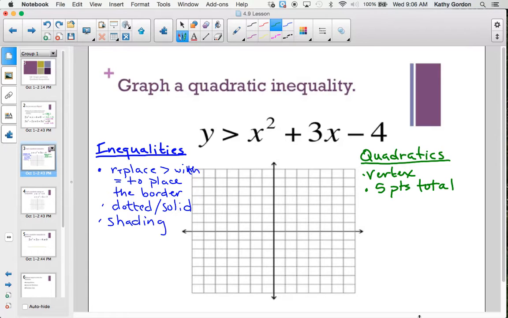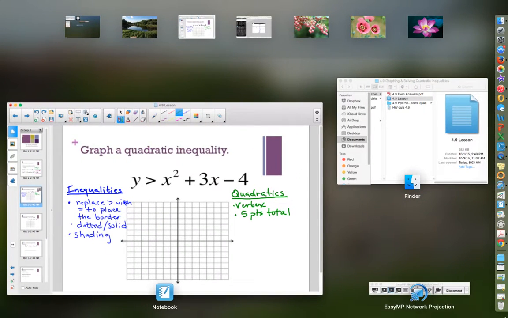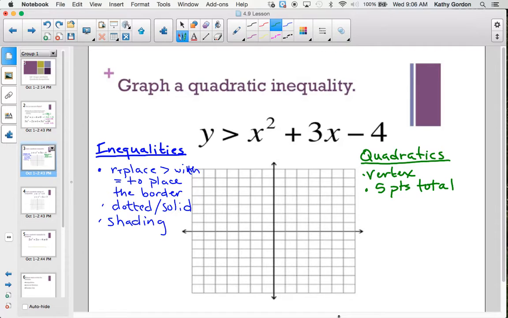Okay? So when we put these two together, we're going to follow these steps, but our boundary now is going to be a parabola. Instead of being a line that divides up what works from what doesn't work, it's going to be a parabola that divides up what works from what doesn't work.